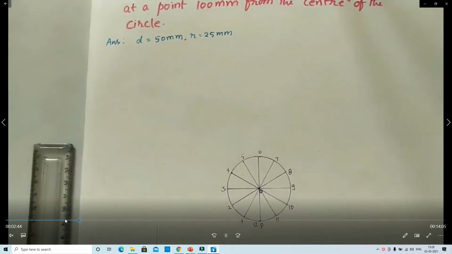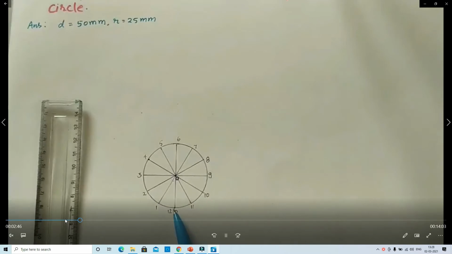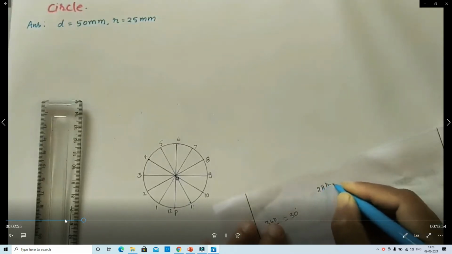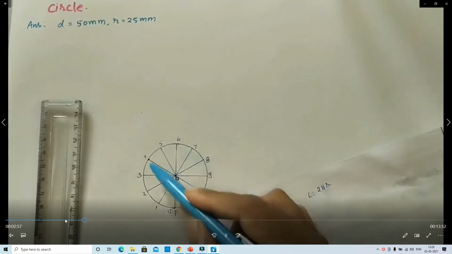Twelve is the point. Now we need to draw one horizontal line, that is the circumference of the circle distance. The distance is called the circumference of the circle distance.